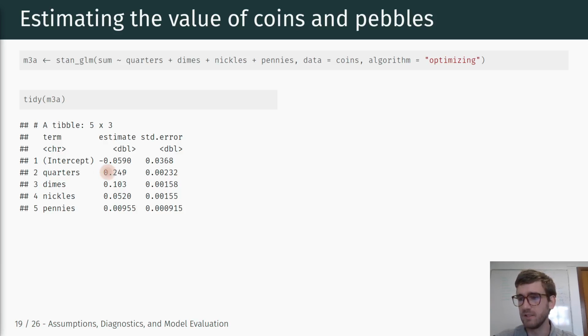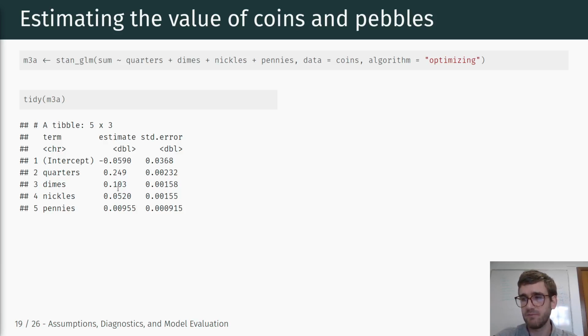For quarters, we have a coefficient of 0.249, which, as I mentioned, if we compare 2 sets of pockets, and those 2 sets of pockets only differ by the number of quarters, where there's 1 more quarter in one set of pockets than in the other, then in expectation our model predicts that the value of the pocket with the extra quarter is about 25 cents larger, which of course is the value of that particular quarter.